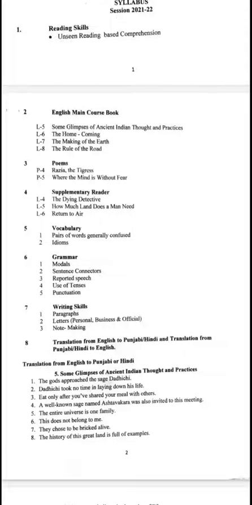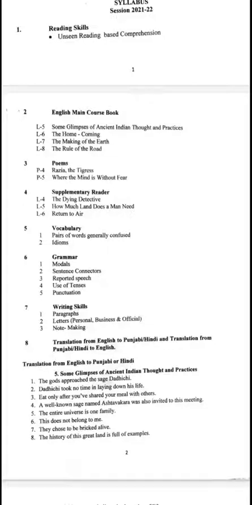Then vocabulary, pairs of words generally confused and idioms. From grammar, modals, sentence connectors, reported speech, use of tenses and punctuation. Then there is writing skills, paragraphs, letters, personal, business and official, and note making. Then translation from English to Punjabi or Hindi, and translation from Punjabi or Hindi to English. Now, from the chapters, the translation will be from English to Punjabi or Hindi.